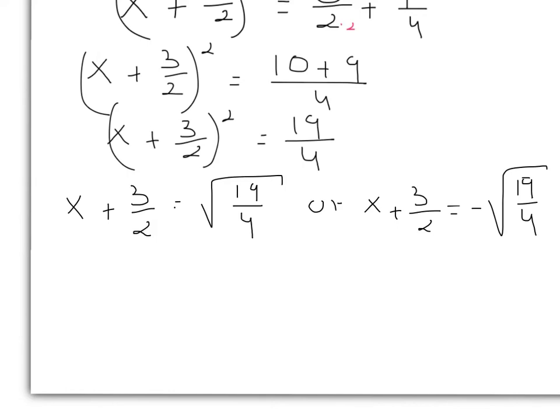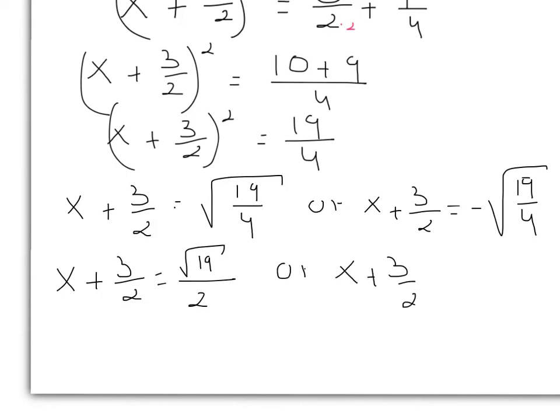Here we have x plus 3 over 2 equals the square root of 19 over 2, because the square root of 4 is 2, or x plus 3 over 2 equals minus the square root of 19 over 2.